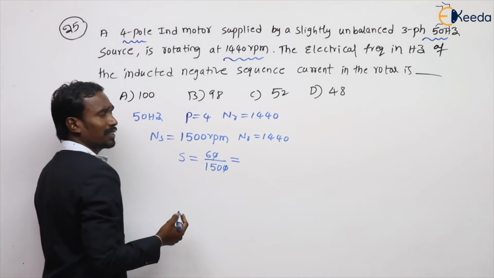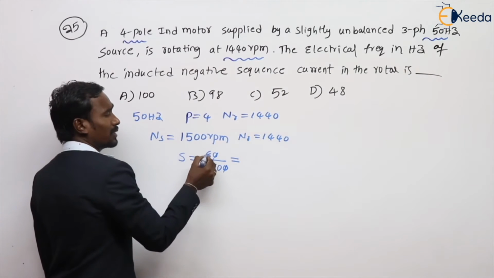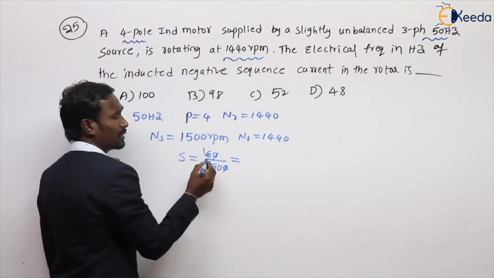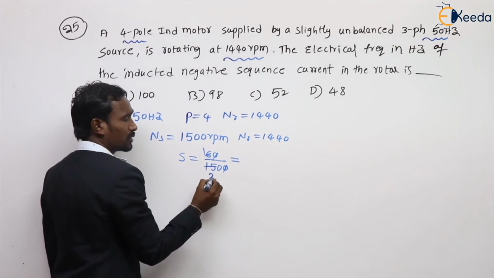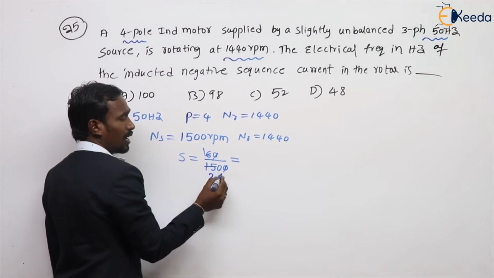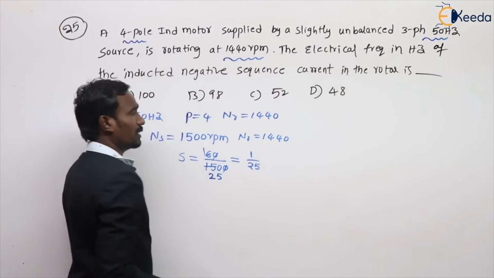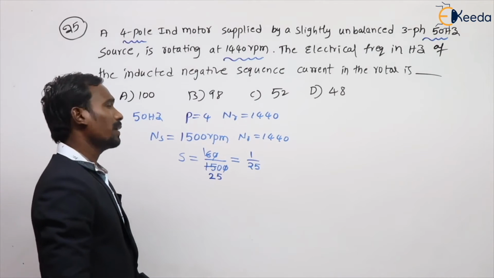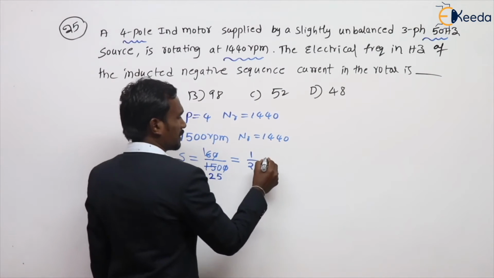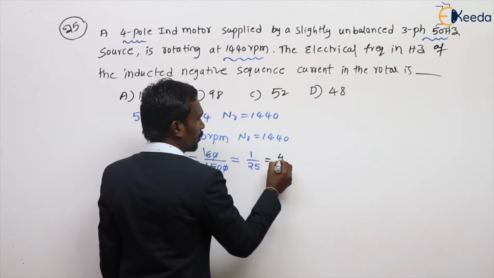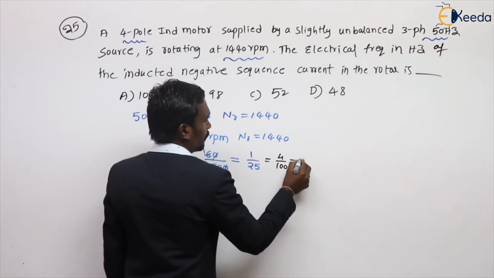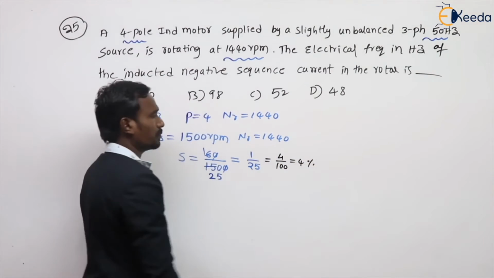So S is equal to 1 by 25, or 4%. 4 by 100, nothing but 4% slip.